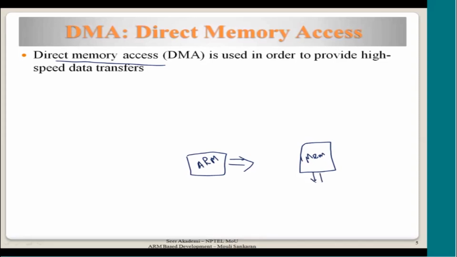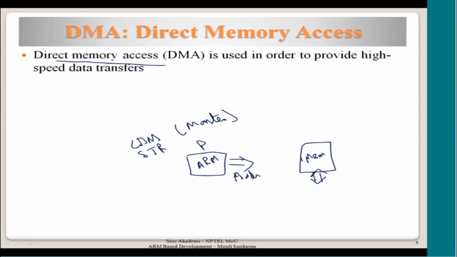Who has to give the address? It is the processor. The memory is a slave device, and the processor behaves like a master and drives the memory cycles, either LDM or LDR or STM or STR instructions. So memory gives out the data, or we can write into the memory.